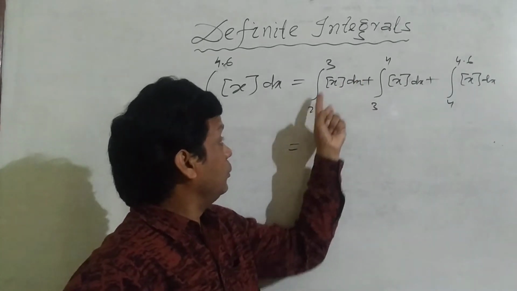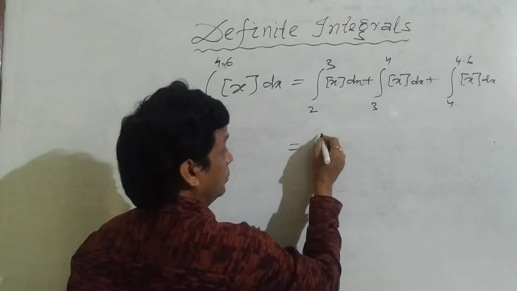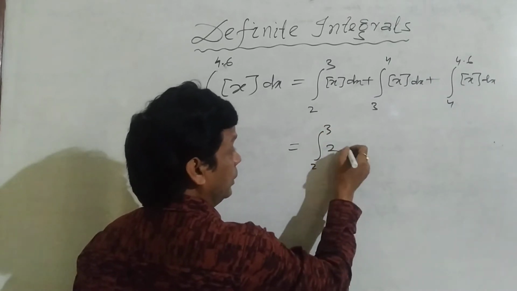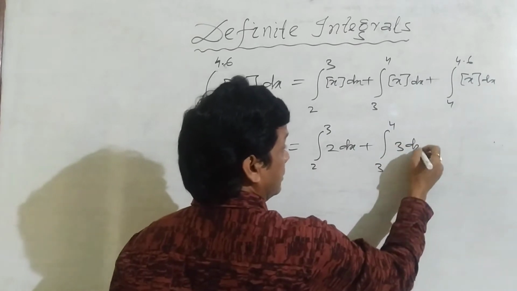Here x lies between 2 and 3, that means the lower limit is 2, so the value of bracket x is 2. So 2 to 3, 2 into dx. Similarly, 3 to 4, 3 into dx.